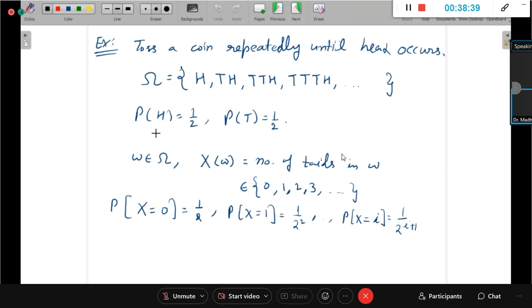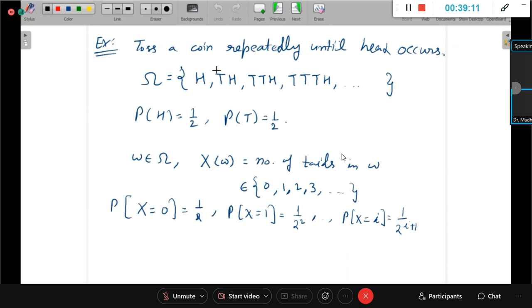Now you have one example here for the case when the range space is countably infinite. So far you have dealt with the countably finite case. In a similar fashion, you can also deal with the countably infinite case and assign a random variable there. It's a very famous example which will occur many times, again and again.